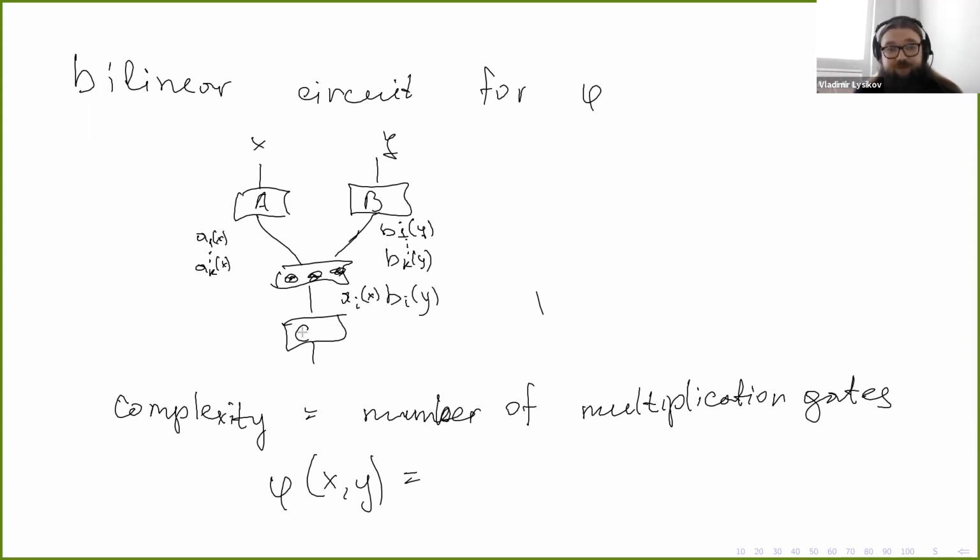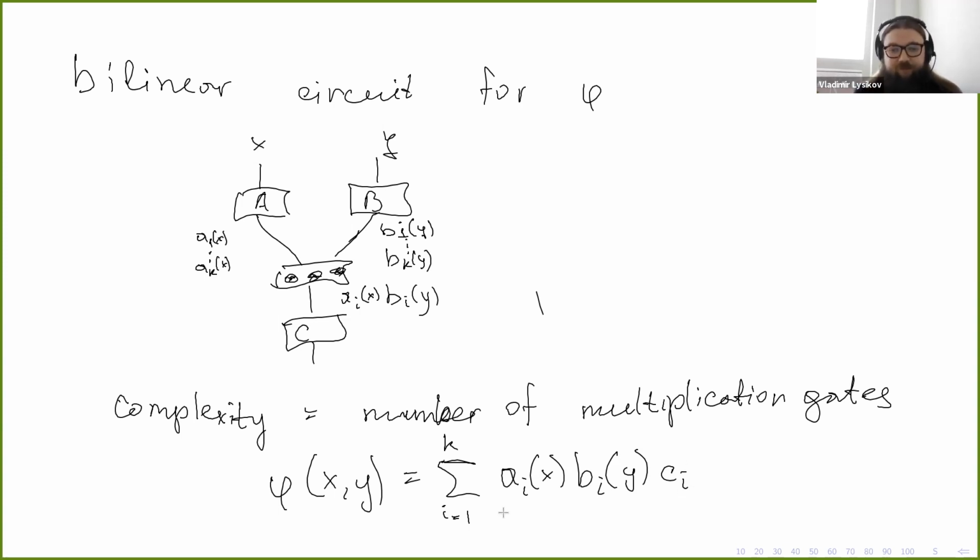And essentially, this linear map C shows us how to put these products into different coordinates of the output. So we have the sum of i from 1 to k of these products, Ai of x times Bi of y, times some vectors Ci, which show how to redistribute these products to the output.